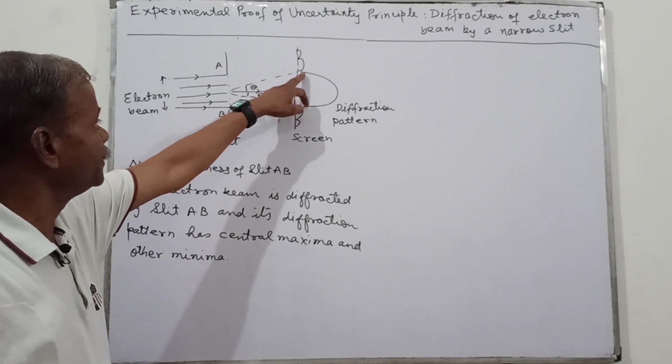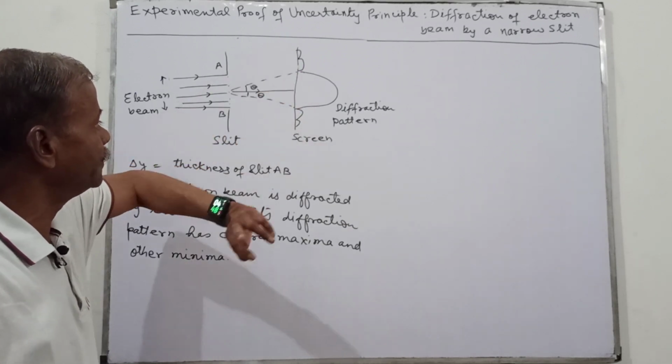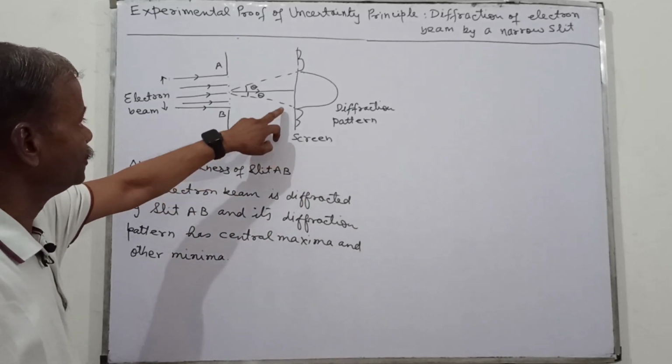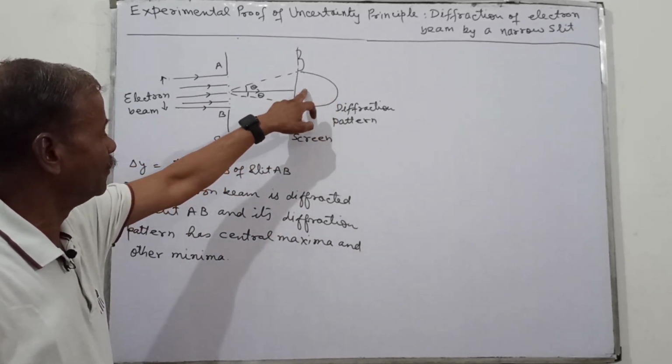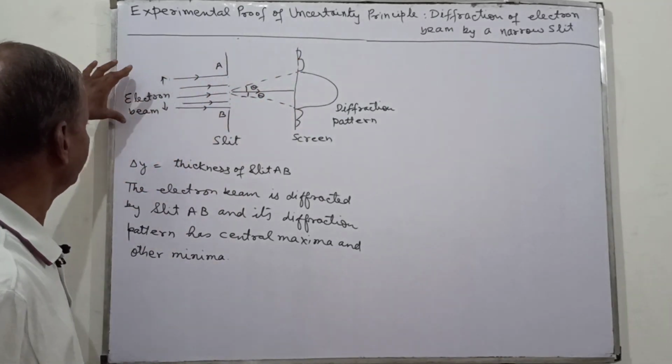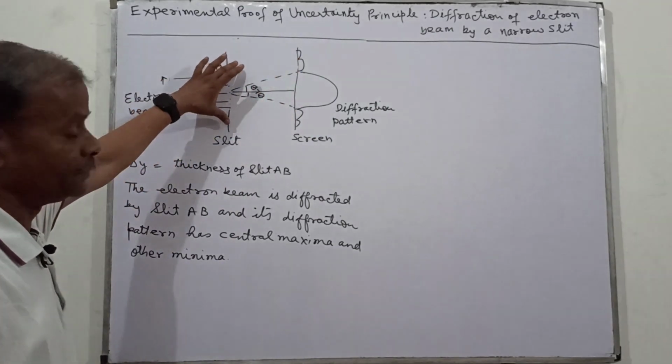So this is now first minima, second minima, third minima. This is now first minima, second minima, third minima. So this is now your central fringe of large thickness. So now this thickness may be equal to the thickness of this slit AB.